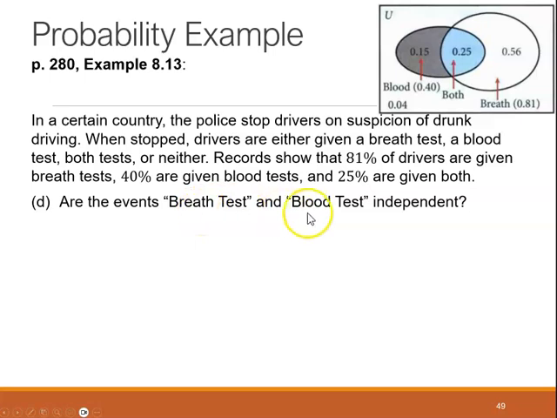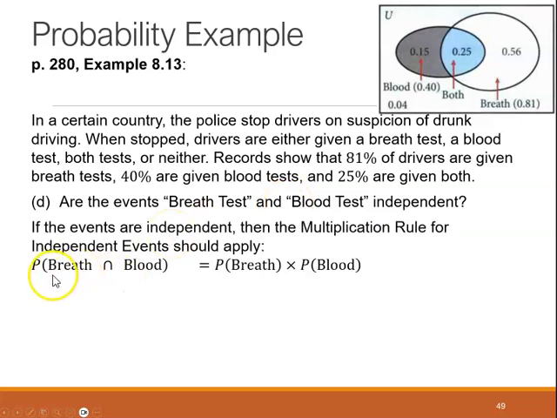Are the events breath test and blood test independent? So let's check it, right? We'll calculate the probability of breath given blood. Or I could do this one. That'll work too. So we know what this is, right?